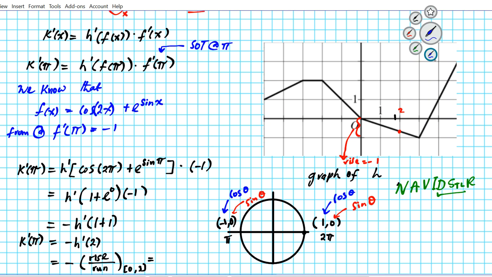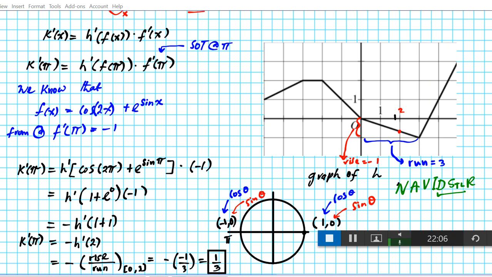And then your run is 3. All right, so just using elementary algebra, rise over run, we can find the derivative at 2. So the run is 3. So we'll plug that in here. So it's going to be negative rise over run. Your rise is -1 over your run, which is 3. And then when you multiply it out, your final answer is 1/3. There goes the answer to question number 6B.